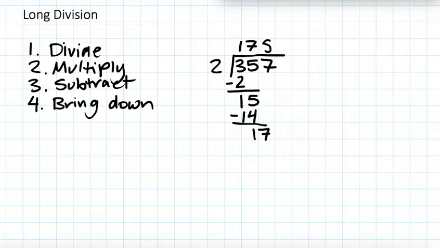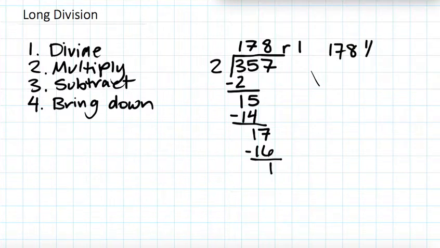Well, 8 is the most. 8 times 2 is 16. And then I subtract. Now there's nothing left to bring down, so I can write this 1 as a remainder. 178 remainder 1, or 178 and 1/2. I can also write it as a fraction. So that's the long division process with numbers.